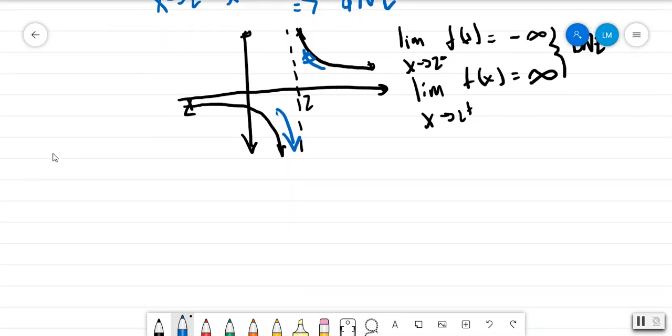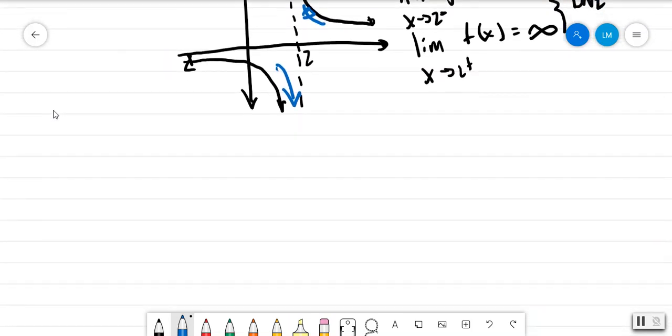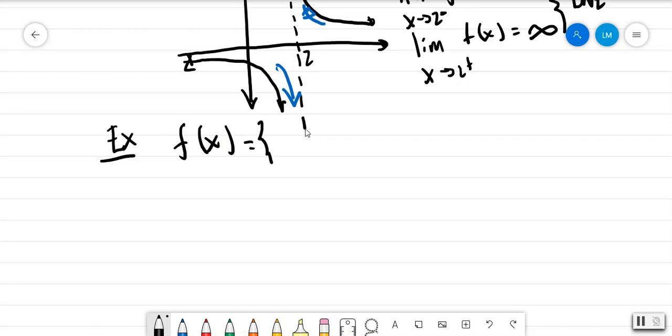Okay, now a better way of showing when a limit does not exist is if I have the following: f of x is equal to 1 for when x is greater than 0, and -1 for when x is less than 0.